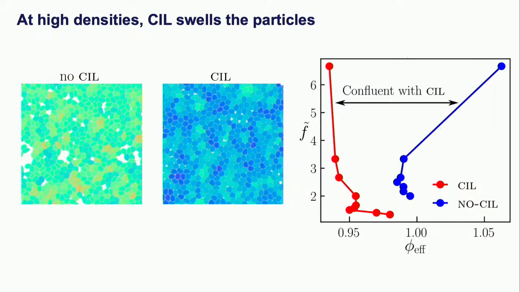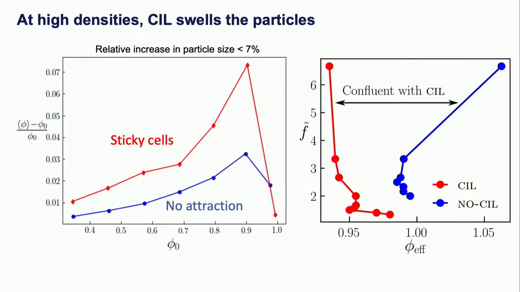Contact inhibition is promoting confluence, and it's doing that by swelling the cell. Here we don't have reproduction, but you put the tissue under tensile forces, and because of this you have a little bit of elasticity, and the cell can increase in size. The typical change that we observe is below 7%, and this is similar to what you see in experiments when you suppress reproduction.